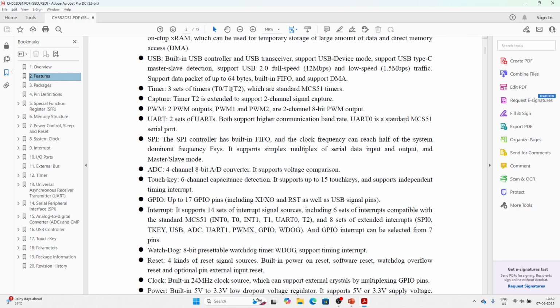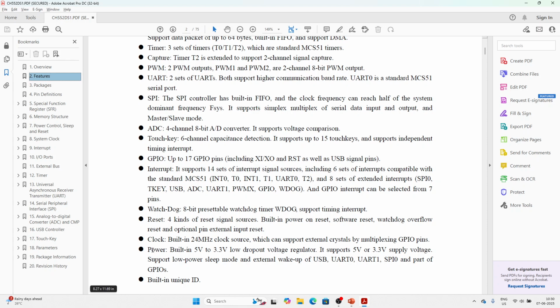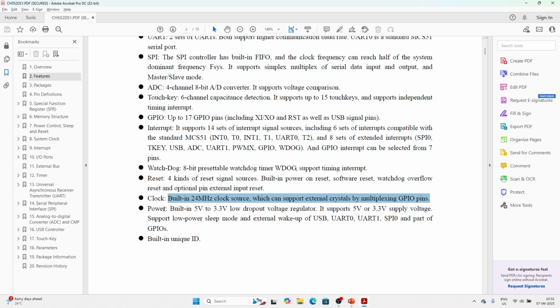So here, are there any power requirements? Yeah. So clock, it talks about a built-in 24 megahertz clock source which can support external crystals by multiplexing GPIO pins. So this is the internal clock source, right? Then power, built-in 5 volts to 3.3 low drop voltage regulator.